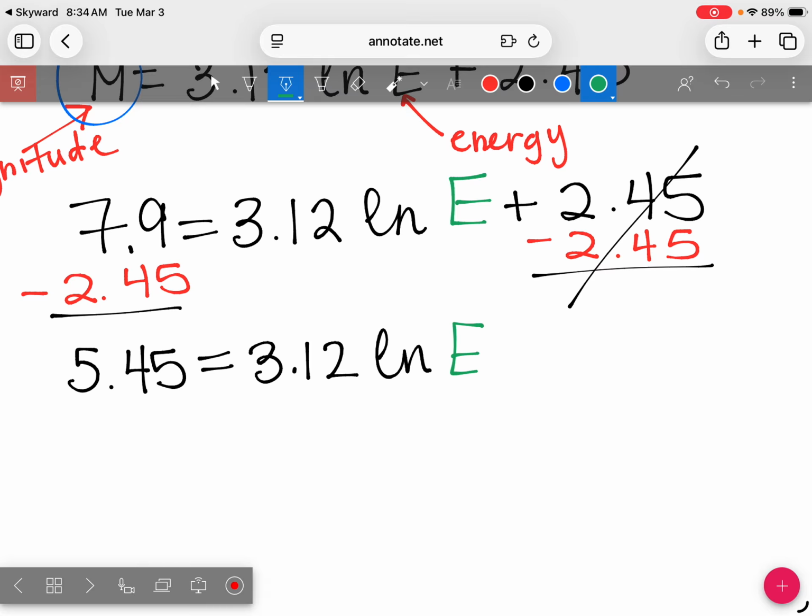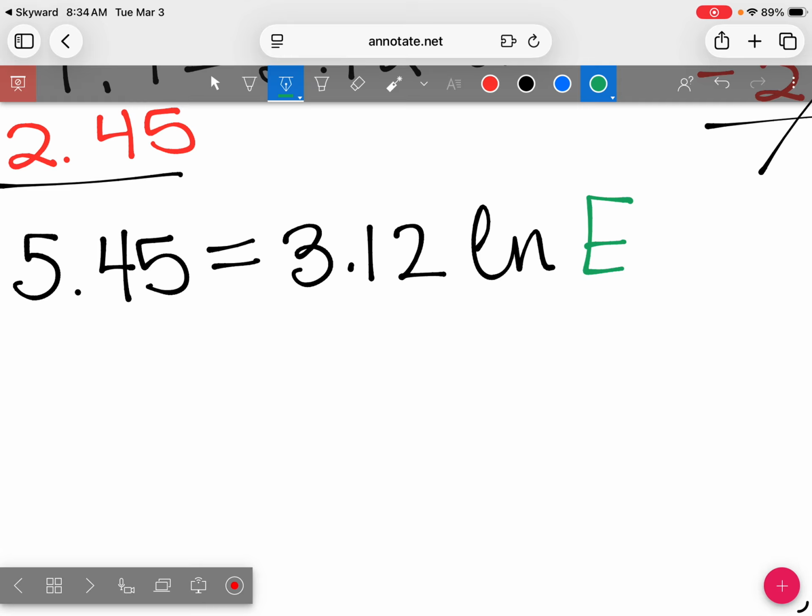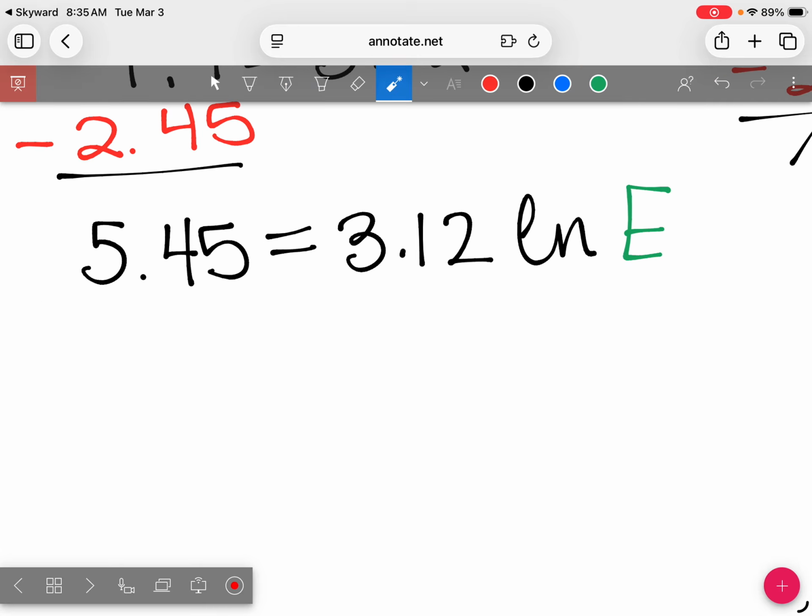Okay, remember, I'm trying to get to that capital E. The next thing that is in my way is this 3.12. What's the invisible operation happening right here? When you don't see something, what does it mean, Amaya? Multiplication. So what's the opposite of multiplication? Division. Let's do it.